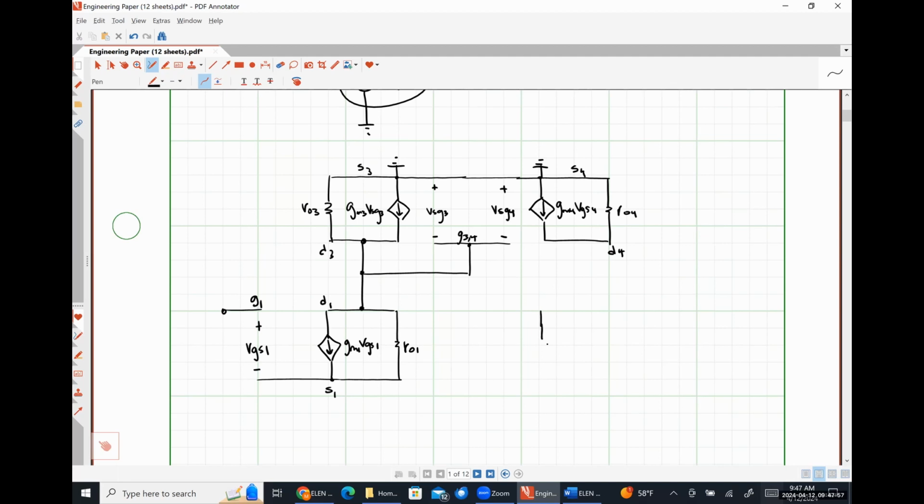Down below it, I'm going to put transistor M2. So here's R02 in parallel with GM2, VGS2.